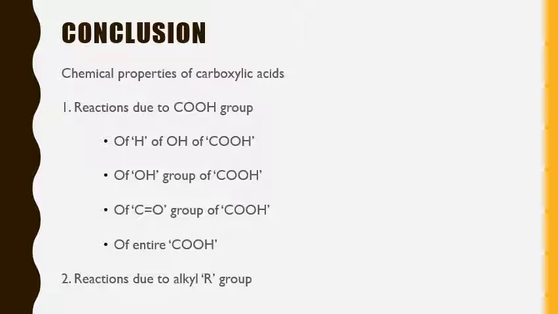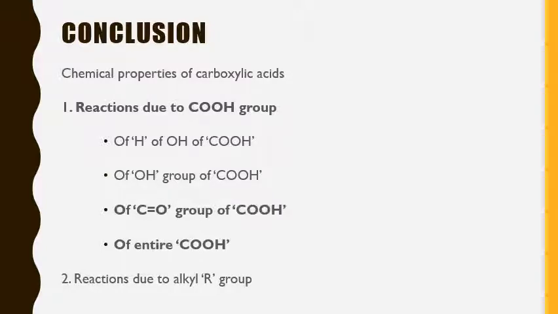And finally, we have come to the conclusion of today's class where we have learnt the reactions due to the COOH group, which included the reactions of the CO group of COOH and of the entire COOH. Within the reactions of the carbonyl group, we have seen the reduction with lithium aluminum hydride and diborane, and also with metals such as ruthenium with hydrogen, and also copper chromate reduction.